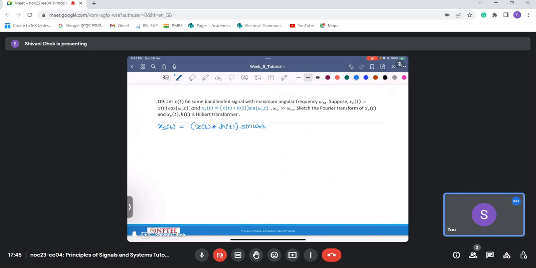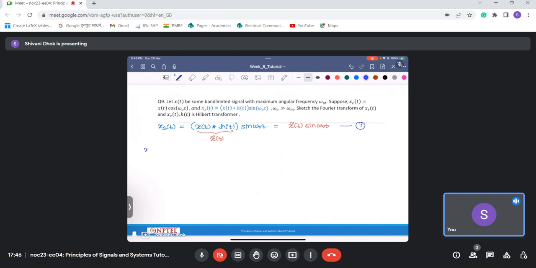Now let's say this x(t) convolved with h(t) is some signal x tilde(t). So xs(t) can be written as x tilde(t) into sine of omega naught t. Now let us look at this x tilde(t). Let me number this as equation 1.